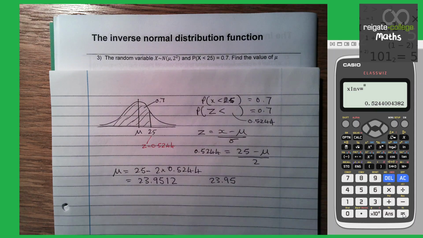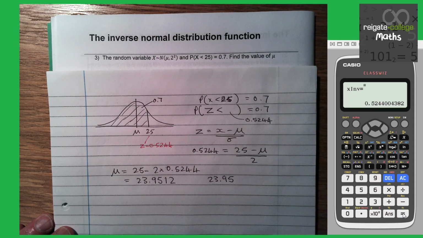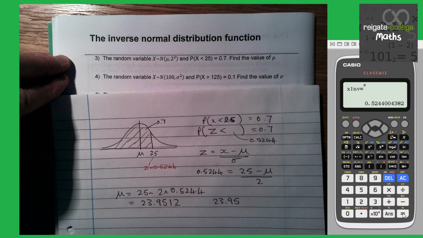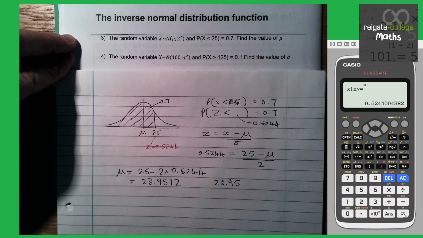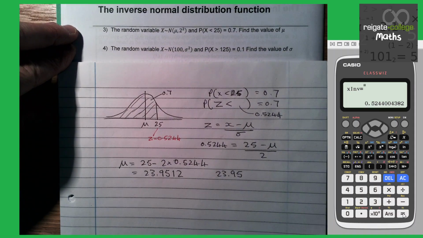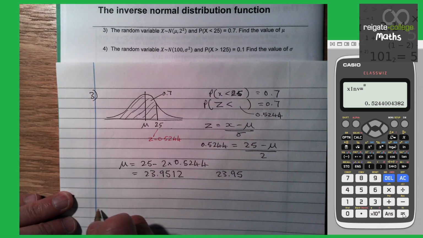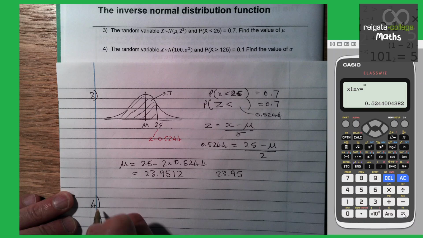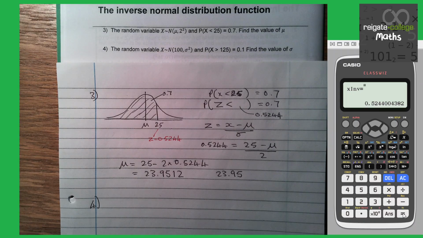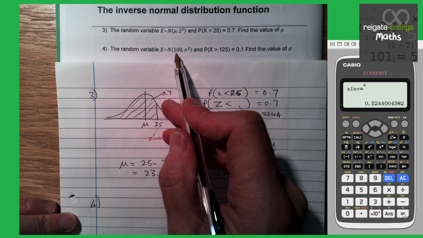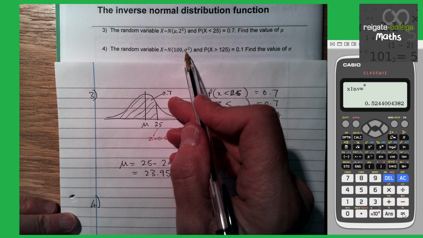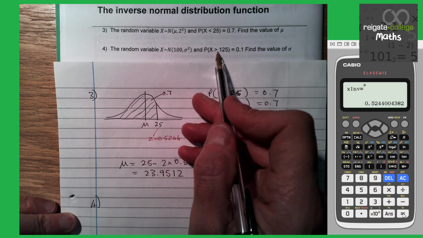So that's question 1. Question 2 is going to work in a very similar way, but this time we don't know sigma. So again, let's sketch a diagram. This time we've got mean 100, unknown standard deviation, and we've got this probability.